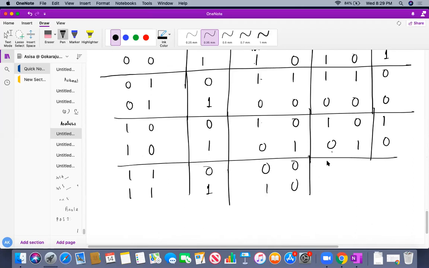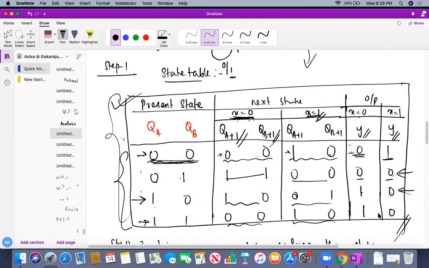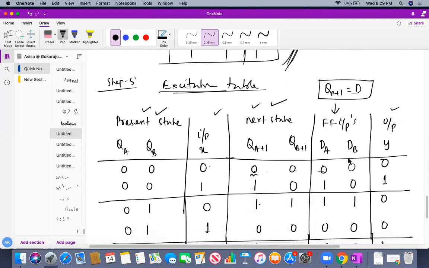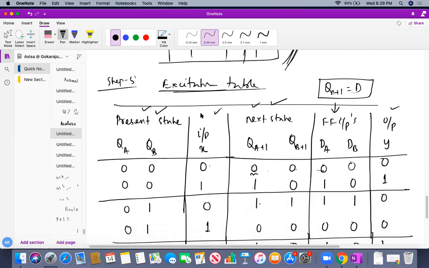Now what is my DADB? DADB is nothing else but QA plus 1 and QB plus 1. Now what is my output? At X equal to 0 my output is 1, and at X equal to 1 my output is 0. So this is my final excitation table and flip-flop input table.